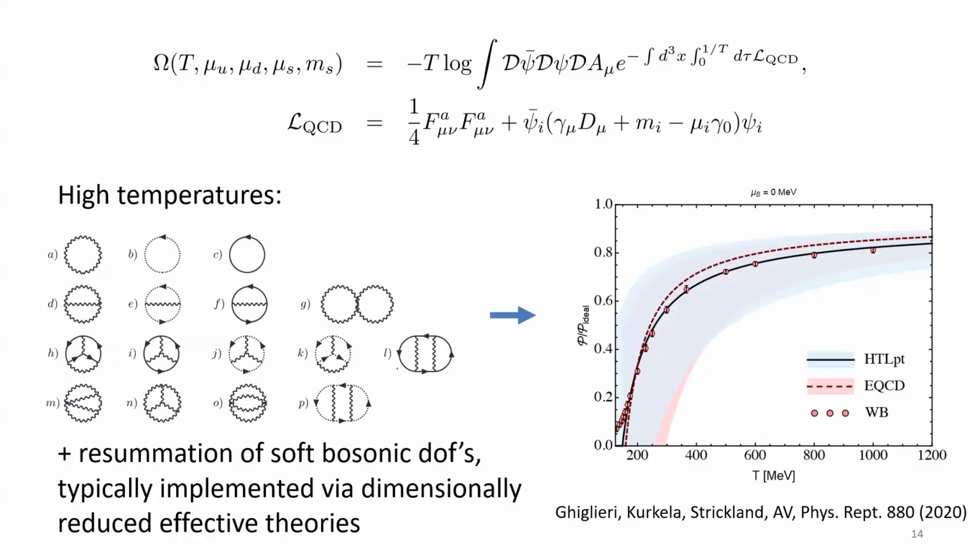We can qualitatively describe the lattice results down to temperatures of maybe 3 times the critical temperature of the deconfinement transition, 155 MeV. Of course, the accuracy gets worse when we go to lower temperatures, and lattice QCD is always the preferred method because it's non-perturbative and can act as the correct result to which we compare these perturbative predictions.